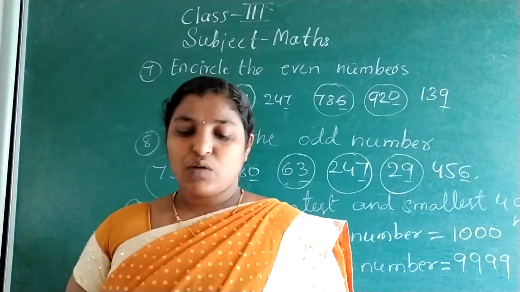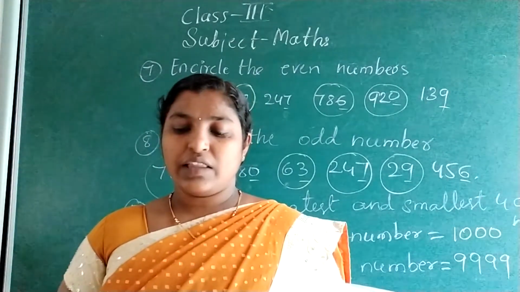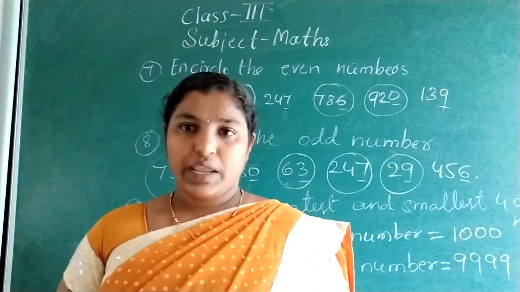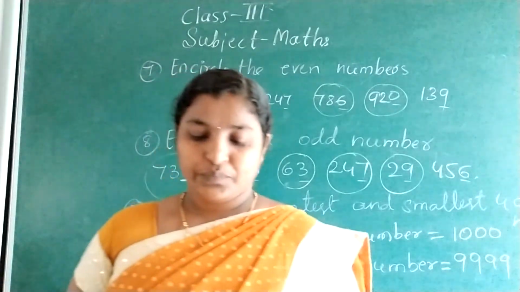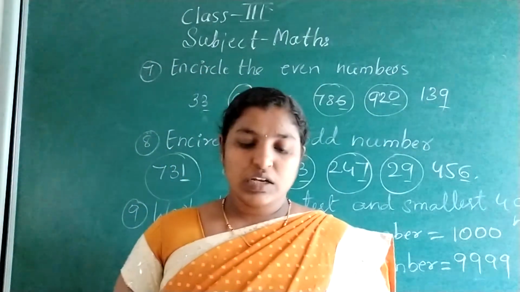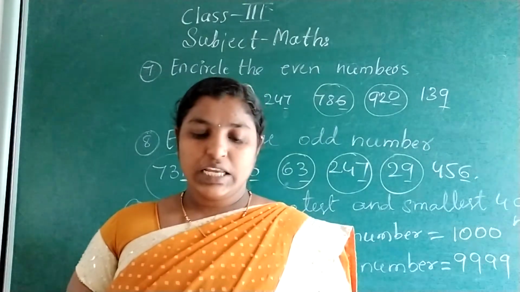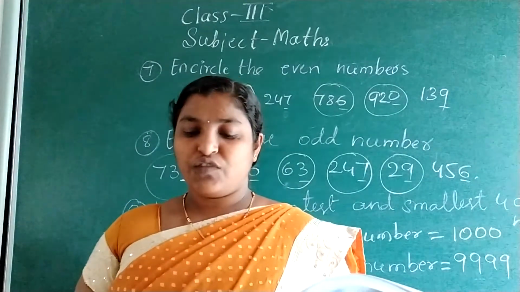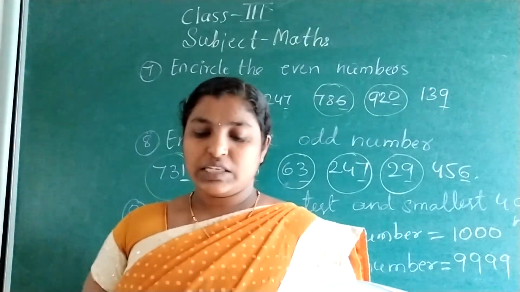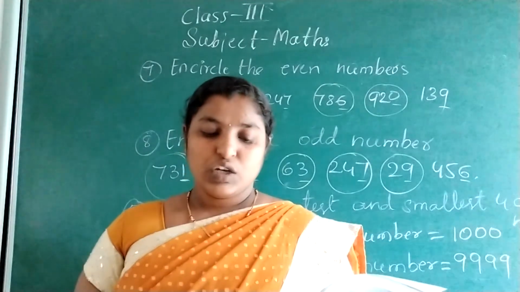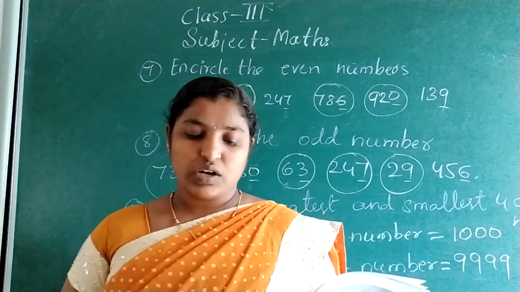If the numbers have the same number of digits, then compare the digits at the higher place. The number having the greater digit is greater. In ascending order, numbers are arranged from the smallest to the greatest. In descending order, numbers are arranged from the greatest to the smallest. To form the greatest number, place digits in descending order. To form the smallest number, place digits in ascending order.